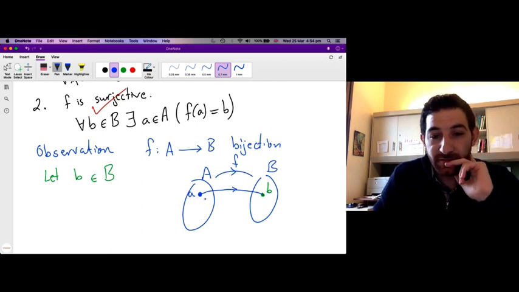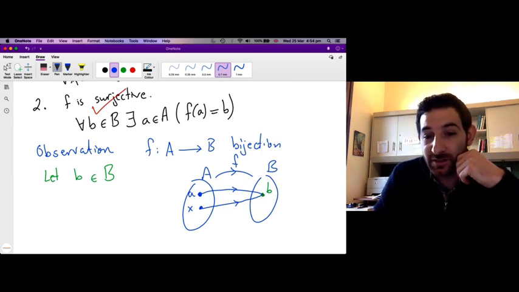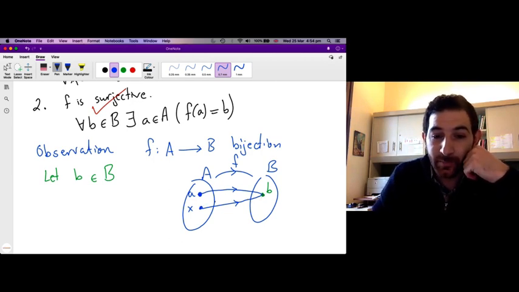And the second observation: maybe you may ask, maybe it has two. Let's say x also is a pre-image. But this can't happen. Why can't this happen? Because if it happens, then two different elements are sent to the same image, but we know the function is injective. It does not send two distinct elements to one image. So this can't happen.